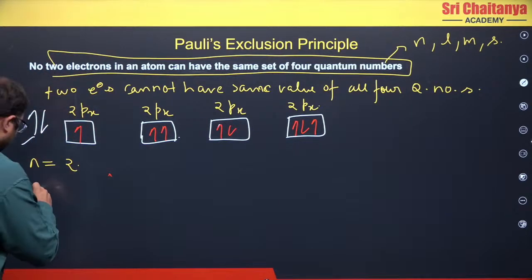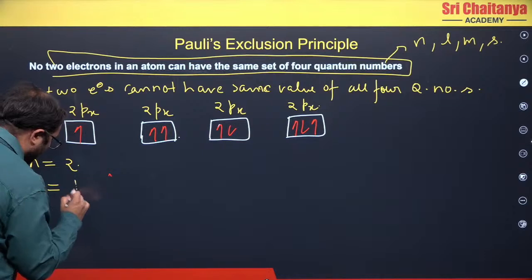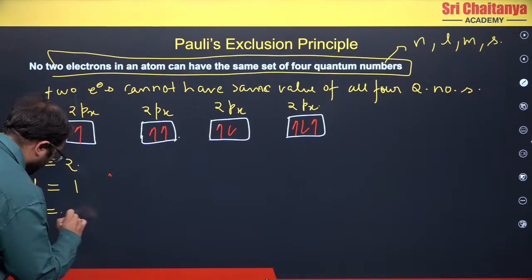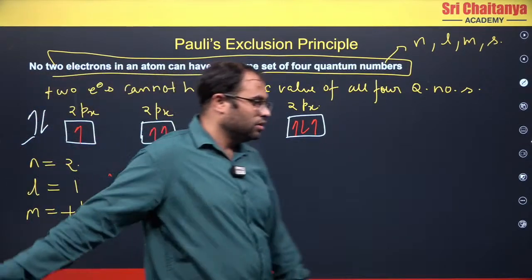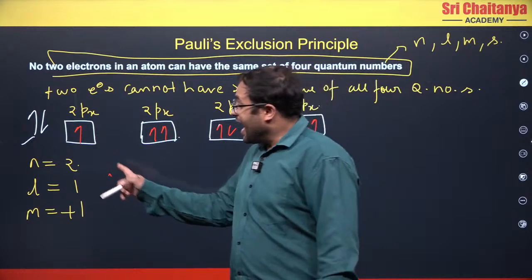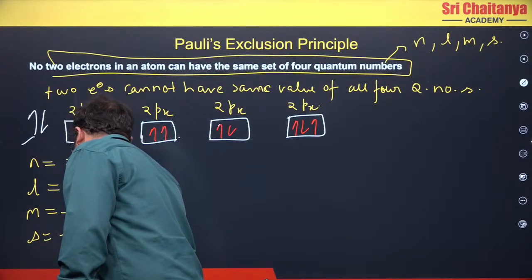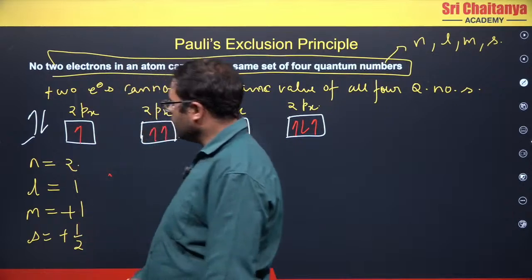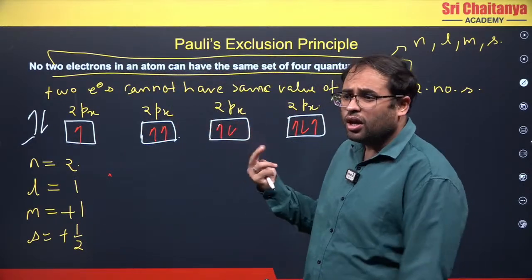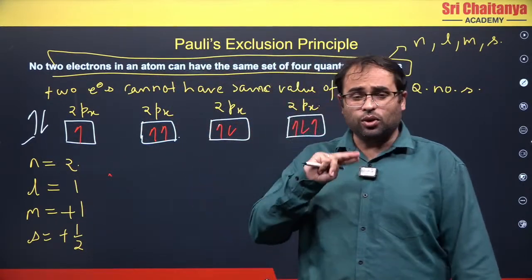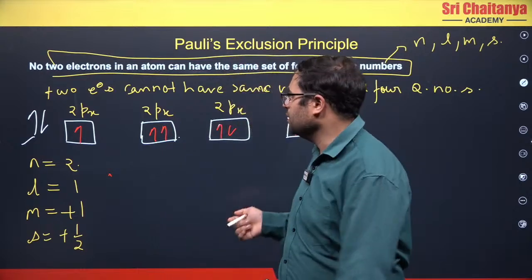So l will be 1 and m will be plus 1. It is pointing upwards, so s will be plus half. All four quantum numbers. This is a single electron. Pauli's exclusion principle comes into effect when more than one electron is there.